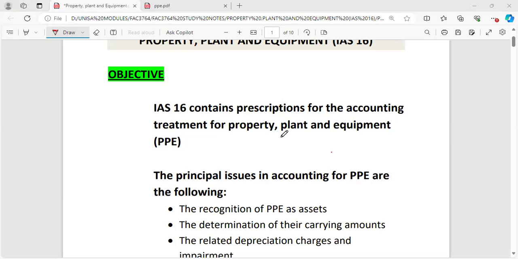I think that's the main principle behind PPE, which means we should be able to account for the asset at initial recognition, then subsequent measurement, that is to determine the carrying amount of the assets. So that's the main principle behind PPE.